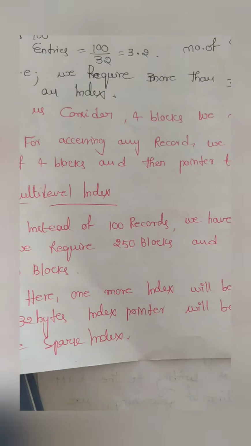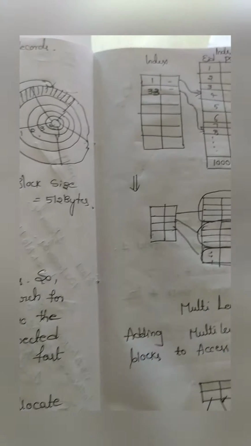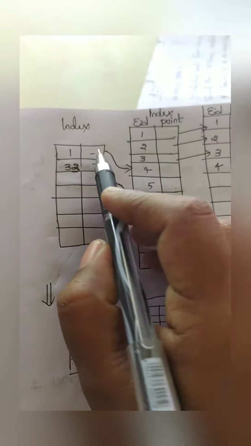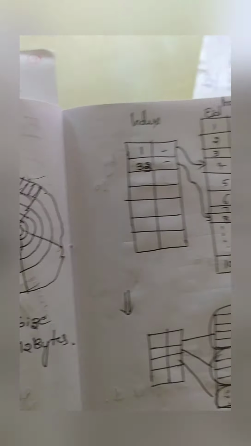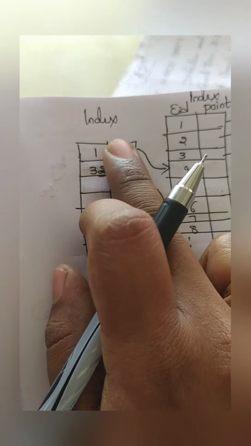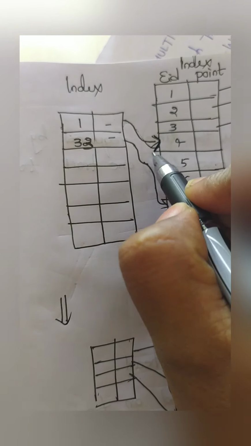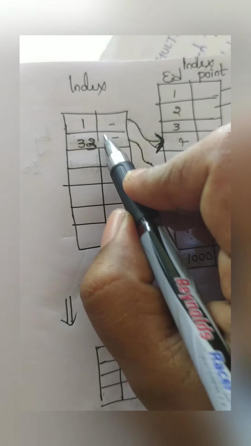Here one more index will be created, in which the 32-byte index pointers will be stored. Let us see what this one more index, or multi-level indexing, is. Here we take 32 entries, that is 1 to 32, which go through these 4 blocks.